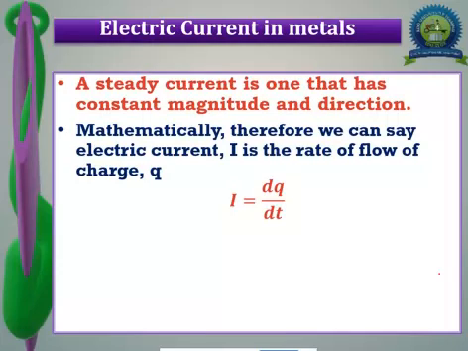So mathematically, we can rewrite the earlier equation as I = ΔQ/Δt. So electric current I can simply be defined as the rate of change of quantity of charge that flows in that material.